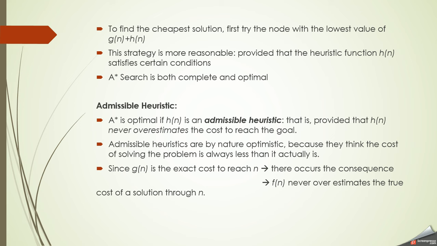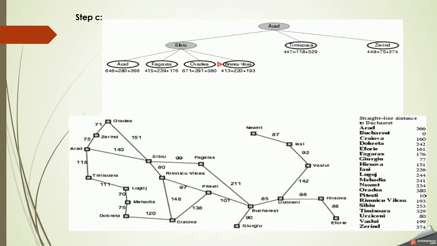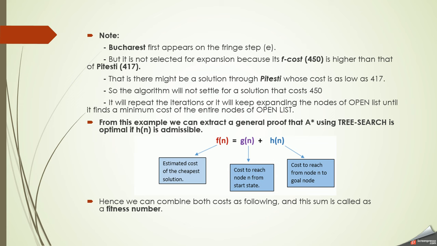If these two conditions hold, it means we are obtaining an optimal A star search solution. So the last point: from this example we can extract a general proof that A star using tree search is optimal if h of n is admissible.